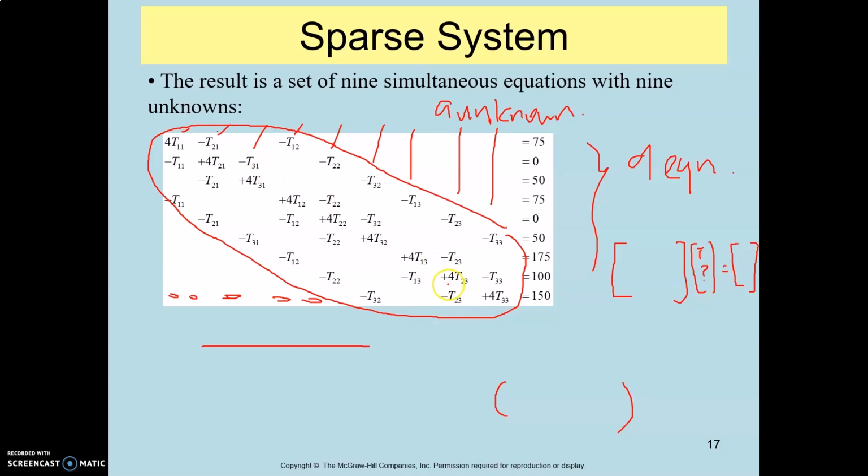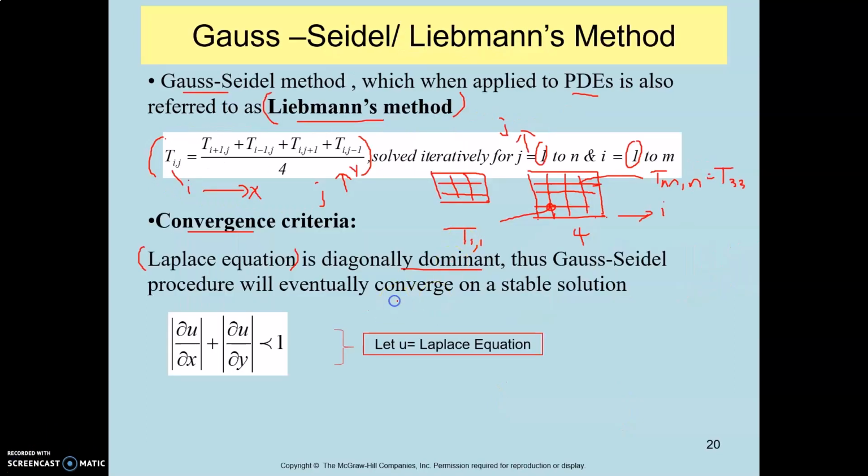That's why we can say it's diagonally dominant. In this case, we can always converge to a stable solution based on this criterion. That means we can always get a good result by solving the Laplace equation using the Gauss-Seidel method.